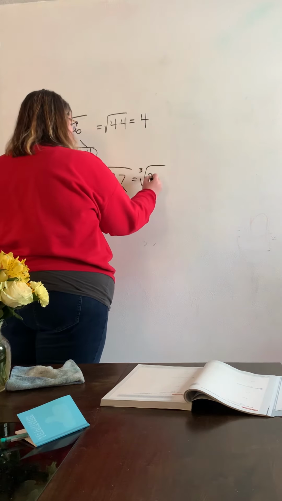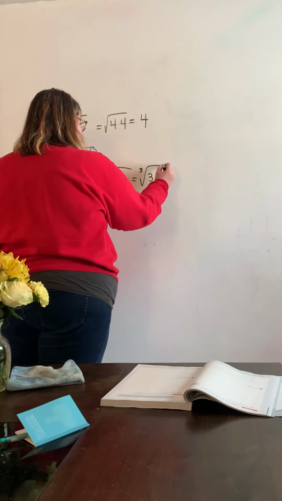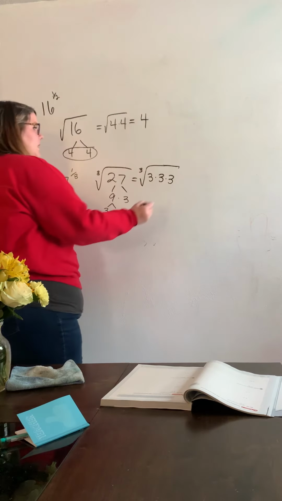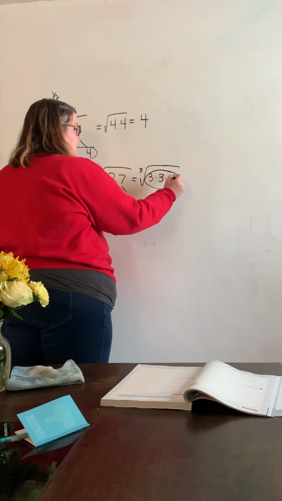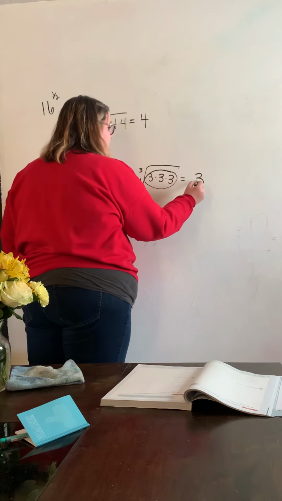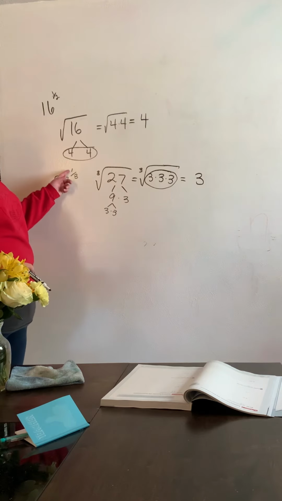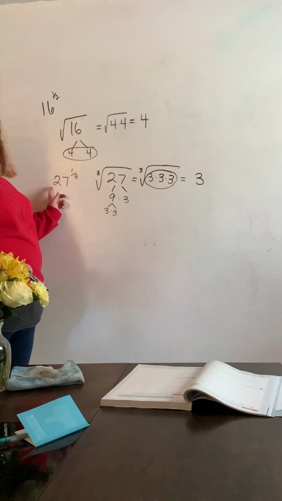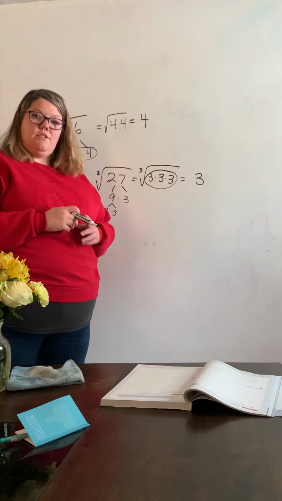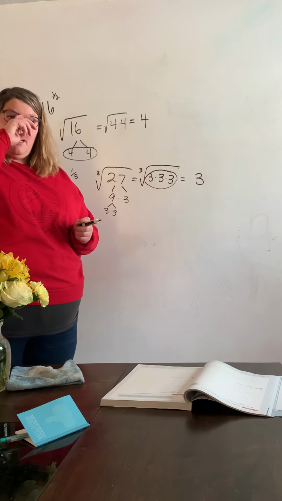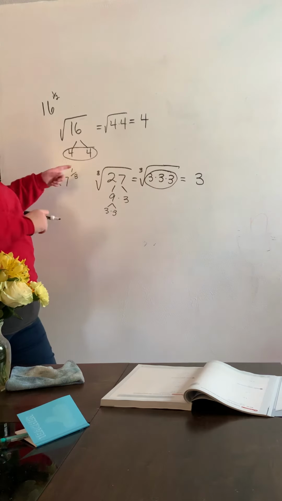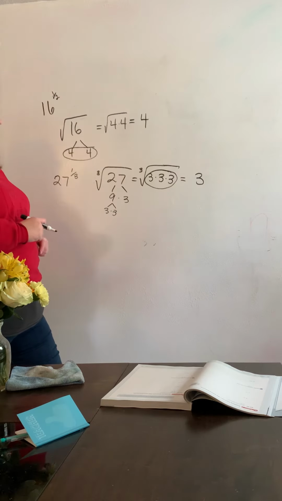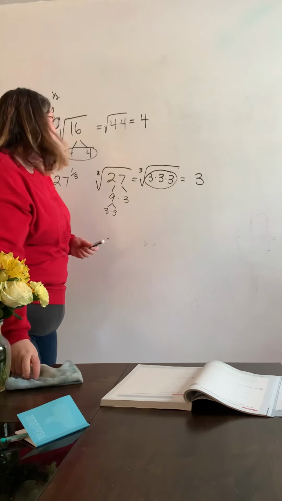So this is the same as 3 times 3 times 3. Now I see I have a group of 3's here, so my answer would be 3. What number times itself 3 times is 27? The answer is 3.